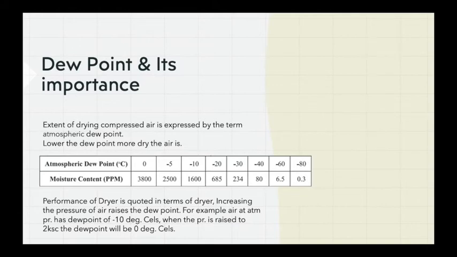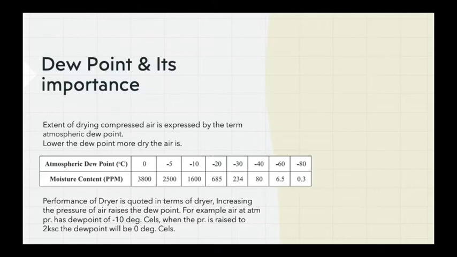Now, to make it clear to you, I have shown a table: if my dew point changes from 0 to minus 40, my moisture content reduces from 3800 to just 80 ppm.